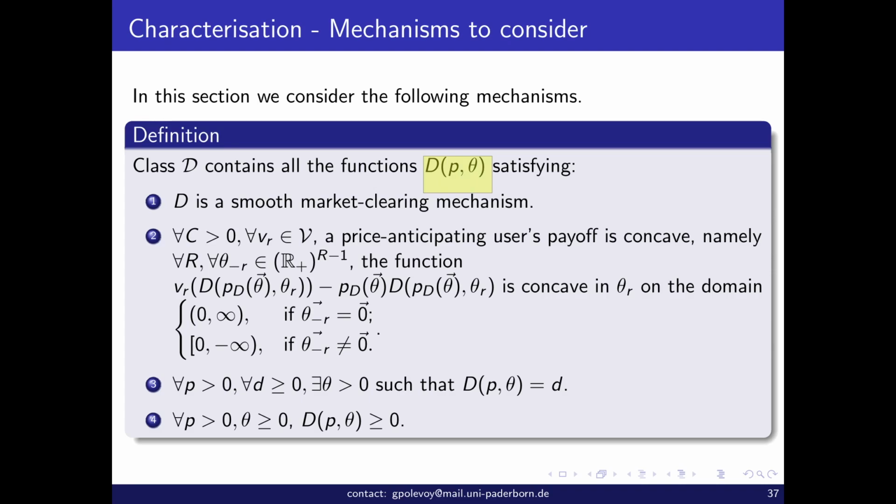The meaning was, given a price in P and given the bid theta of a player, how much the player gets. The sum of those D's over all the players has to be the total resource. So the requirements for that: of course, each D is a smooth market clearing mechanism. That's one.